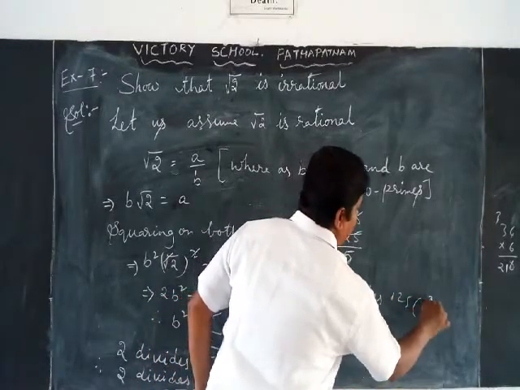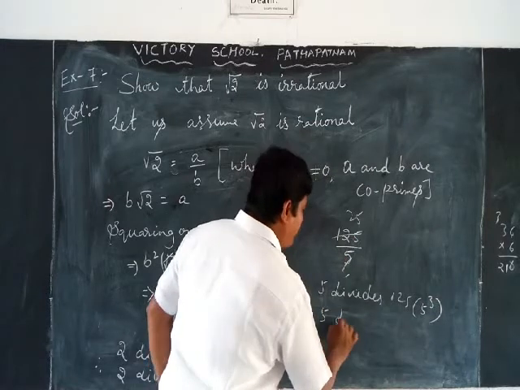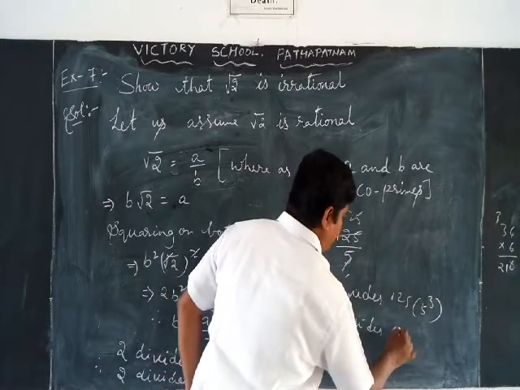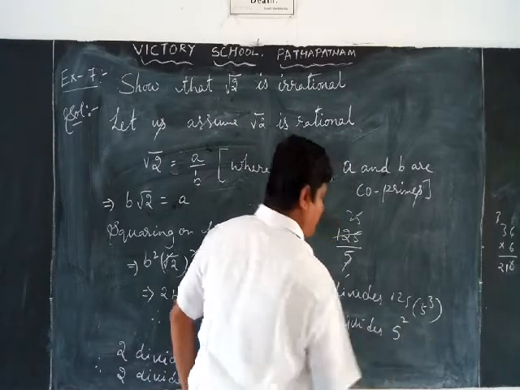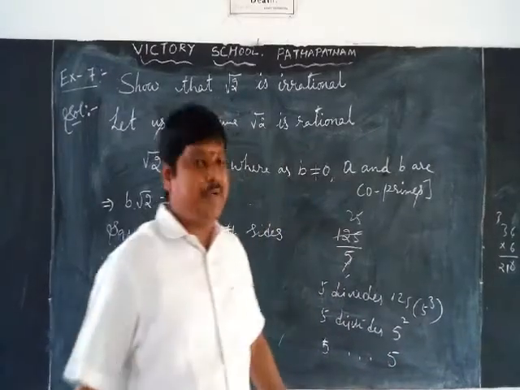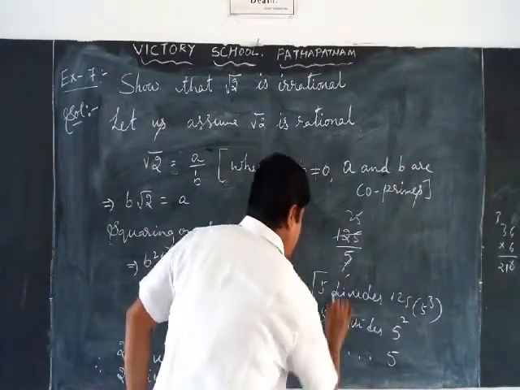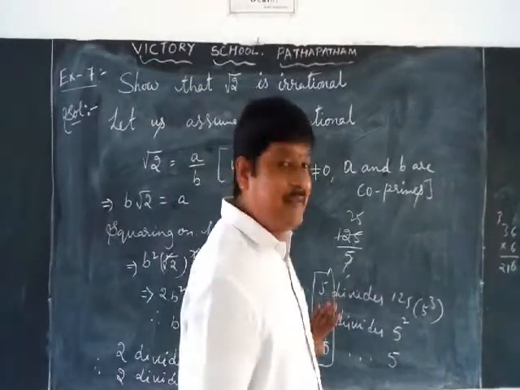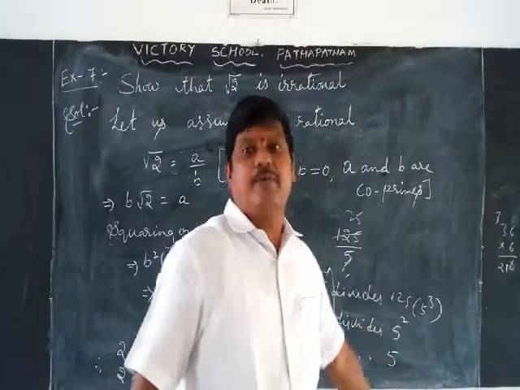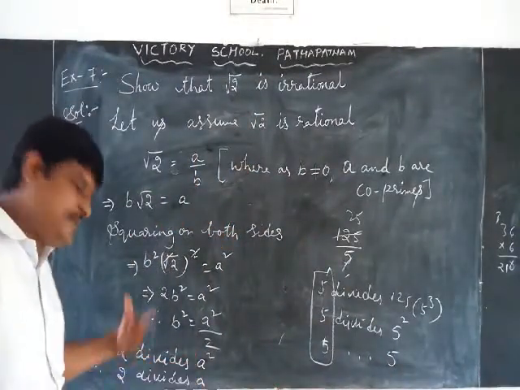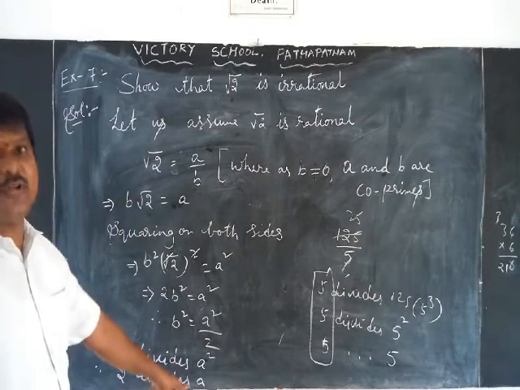We can write this as 5 cube. 5 divides 5 square. 5 divides 5. That means for any number in cubes or any power, that value is divisible by the same number 5. That is, 2 divides a square, and at the same time 2 also divides a.